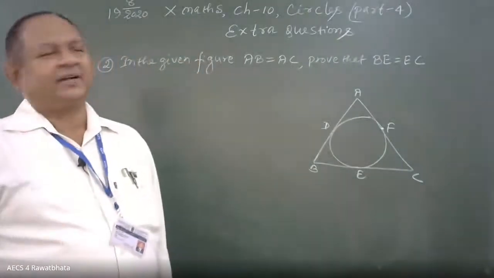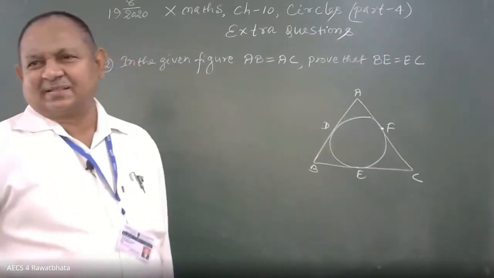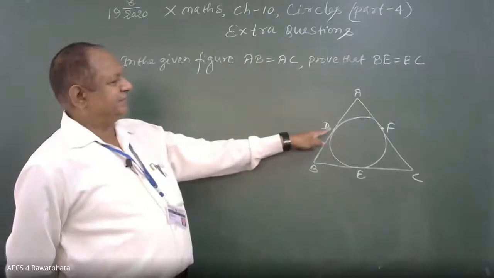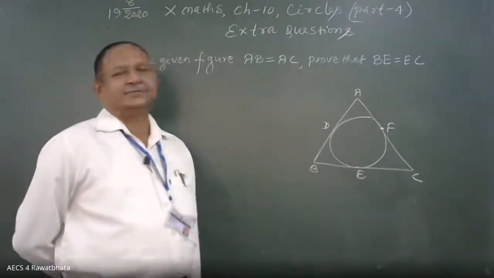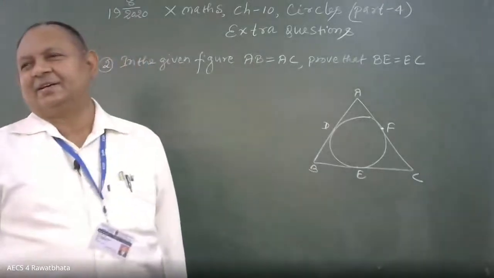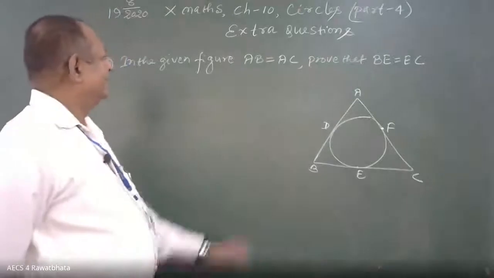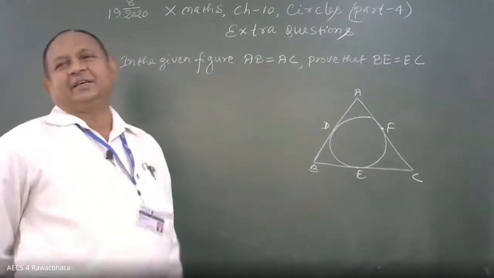ABC is a triangle which touches the circle at points D, E and F. These points are points of contact. What is given? AB is equal to AC.